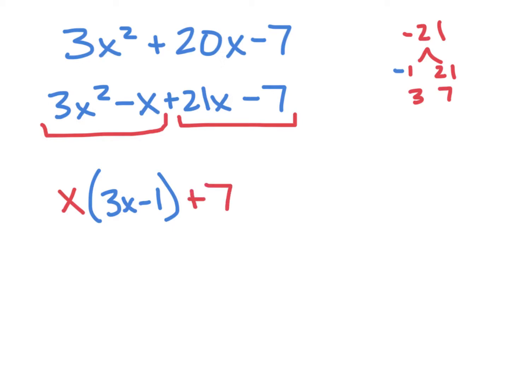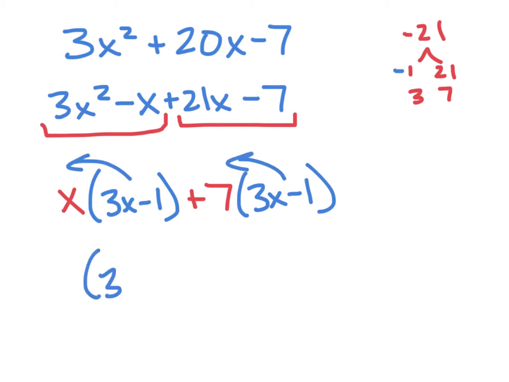And we'd be left with 21x divided by 7 is 3x. Negative 7 divided by 7 is negative 1. Oh, look at this. I've got my 3x minus 1s that I can factor out. And then those are multiplied by x plus 7.